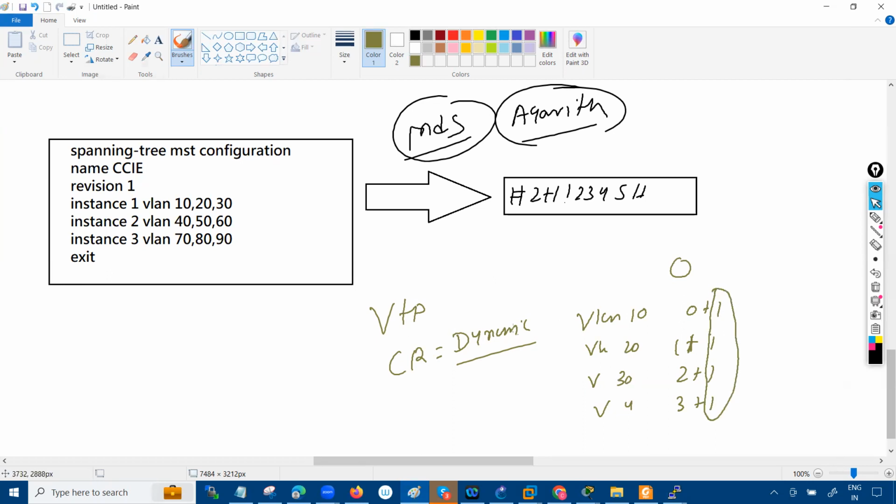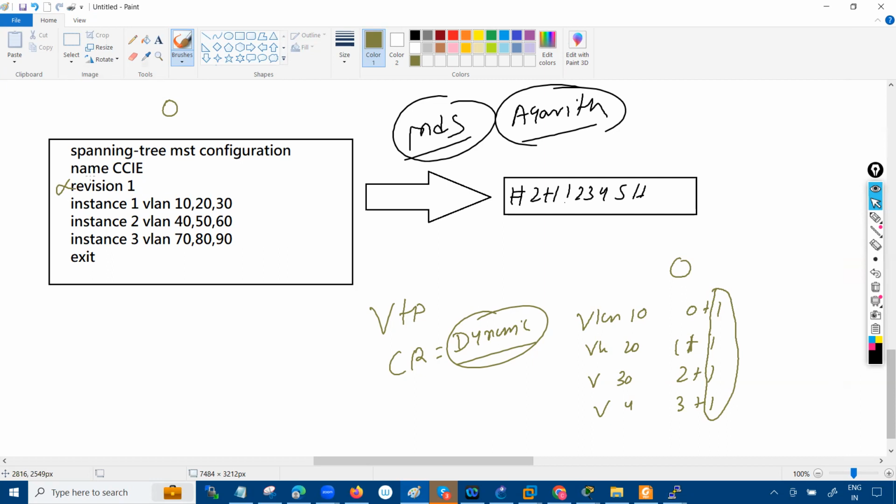So this is a dynamic revision approach. We are not adding this number; it is done automatically by the BTP protocol. But this revision number we have is set by me. The default is 0. It's not mandatory to give this command again; it's optional.